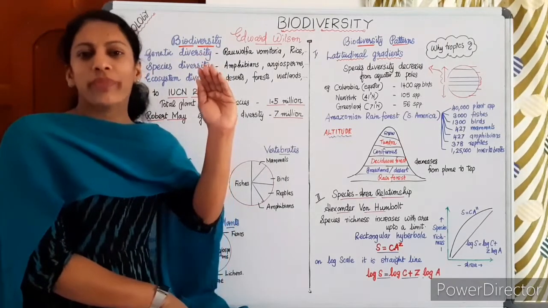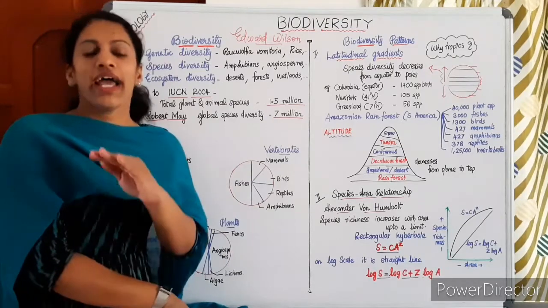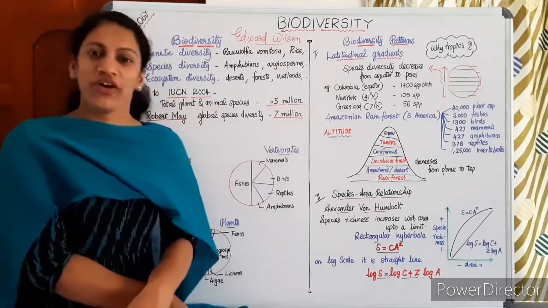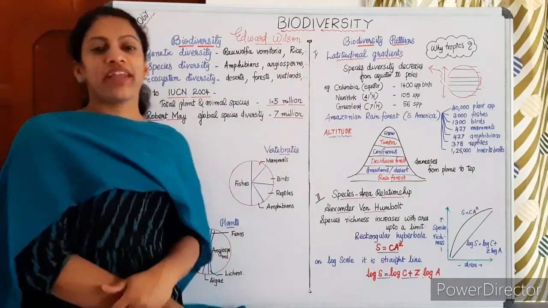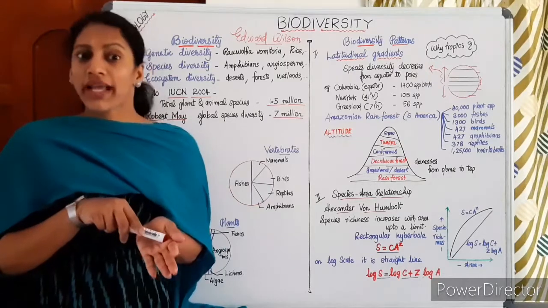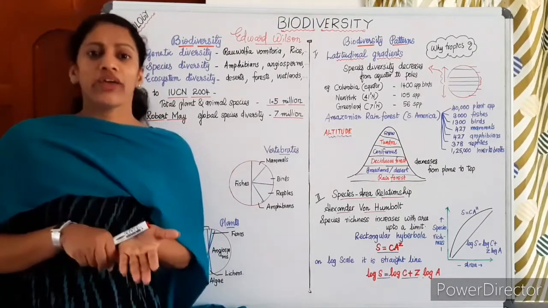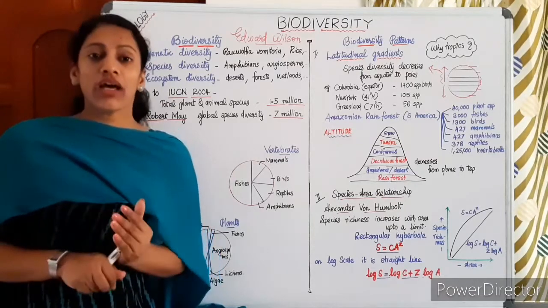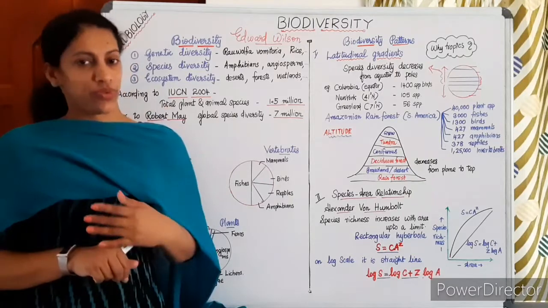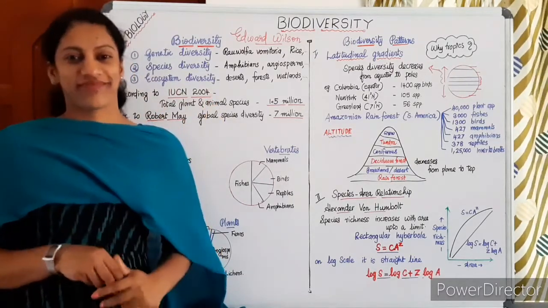The mountain top will have less diversity compared to the plain region. So along the altitude also the biodiversity decreases. So this is a pattern: biodiversity decreases along the altitude and latitude, from equator to poles, from plain to top.